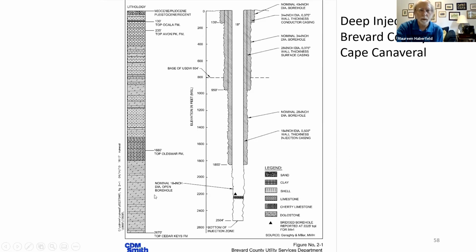So when I say they pump it into an aquifer, they're pumping it into an aquifer where the groundwater has a water quality the same as seawater. It's that salty. And all these layers up here above it serve to protect the groundwater that actually is usable.